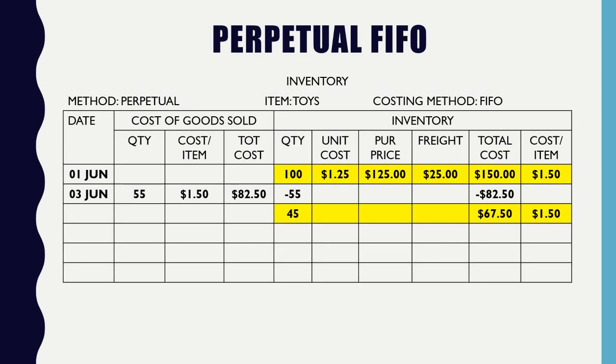So that's the new inventory right there: the one batch of inventory that you first had is now 45 because you sold 55 of them. Okay. Is this clear so far?